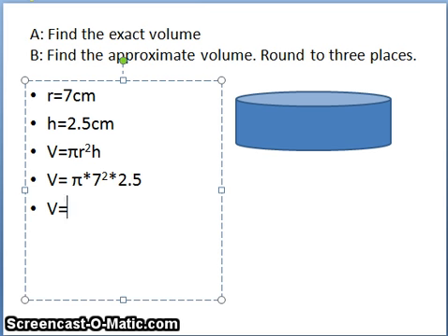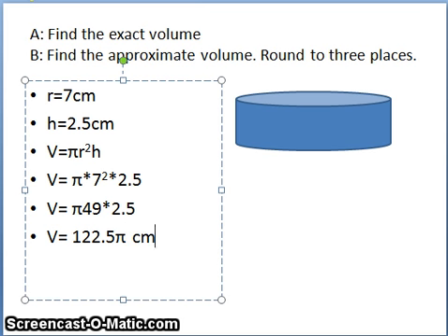So volume equals, again I'm going to leave the pi there, 7 squared is 49, so it'll be pi times 49 times 2.5. I'm going to use my calculator to do that a little faster. 122.5. So if we're going to give this as an exact answer, we usually write the pi behind the number, like this. It's just polite to write it that way.